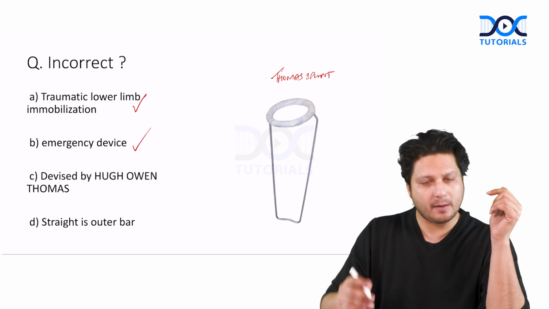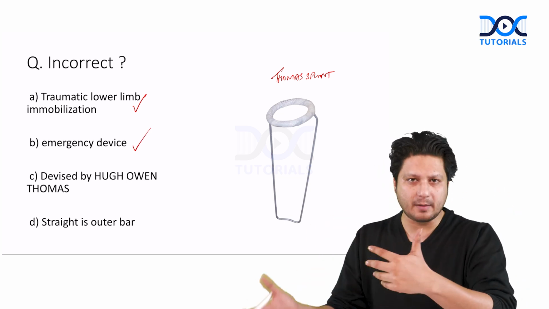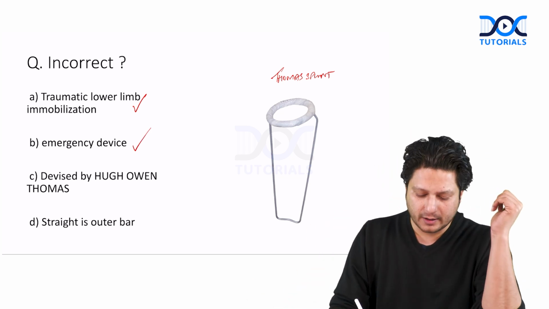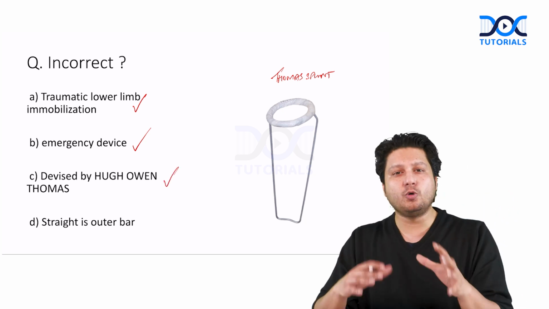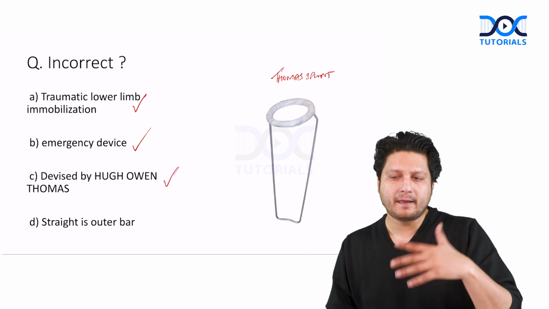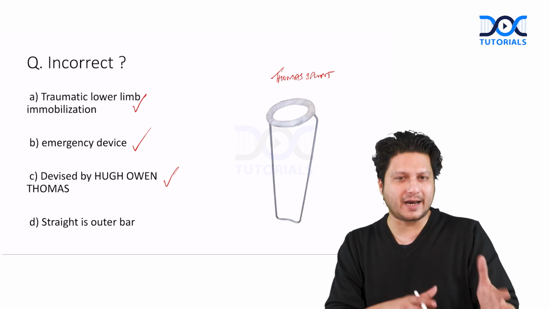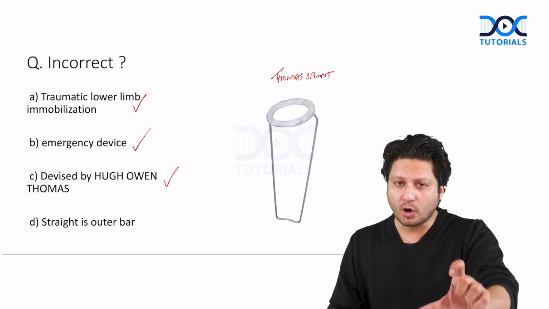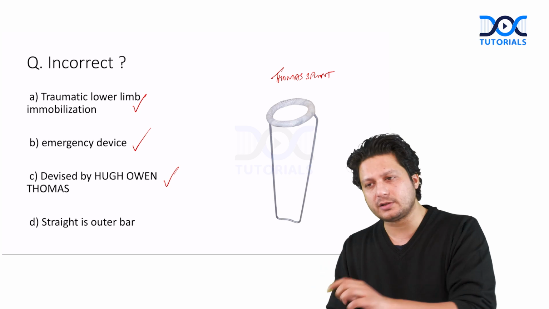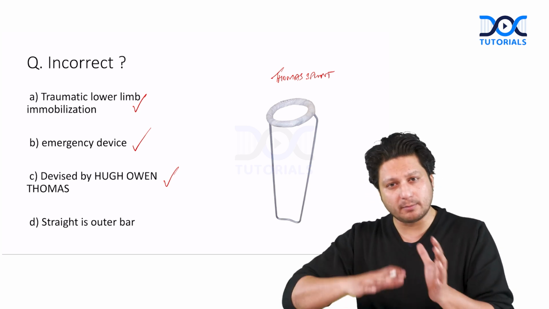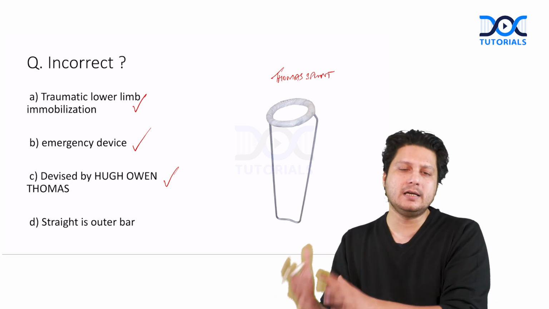Next, it is an emergency device. Yes, it is always kept in the orthopedic emergency. Devised by Hugh Owen Thomas. This is also true. Before World War II, it was designed by Hugh Owen Thomas, not for temporary immobilization of fractures, but for the immobilization of infected knee and hip joints.